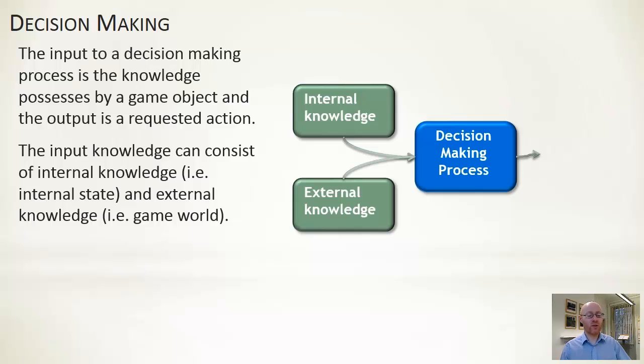If it's external knowledge, so the location of the player or other characters, or whatever pickups you have in your world, that's external knowledge that can be fed into the decision-making process. Alongside that, we also have our internal knowledge. So we know about our position, our health, whatever states that we have. And that gives us our total information set that gets fed into the decision-making process.